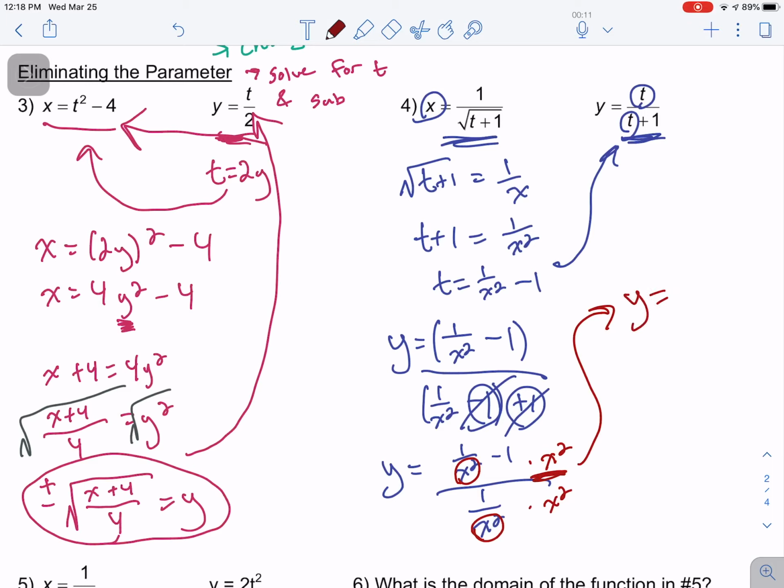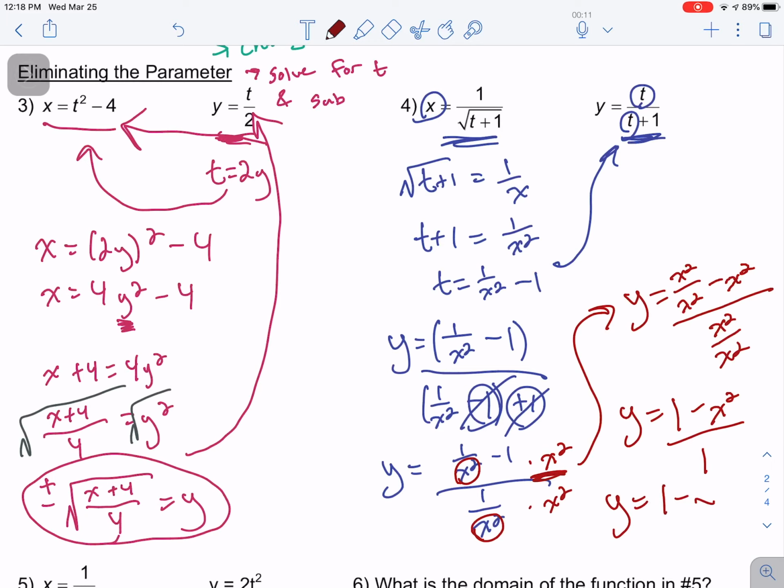So y is equal to x squared over x squared minus x squared all over x squared over x squared, which simplifies to 1 minus x squared all over 1, which is just y equals 1 minus x squared.